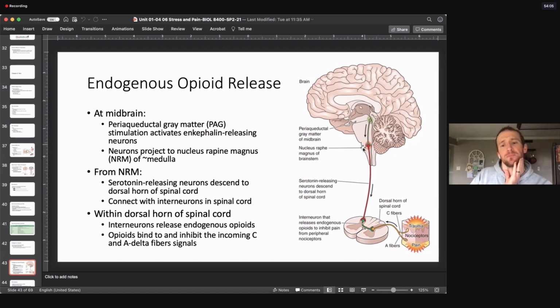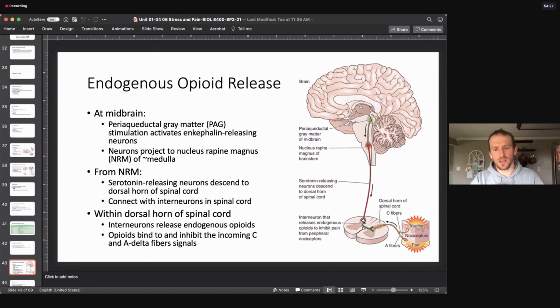And from here, you have a neuron that descends into the spinal cord that is going to secrete serotonin, right? And these serotonin-secreting descending neurons stimulate an interneuron, which is who actually secretes the endogenous opioids, right?